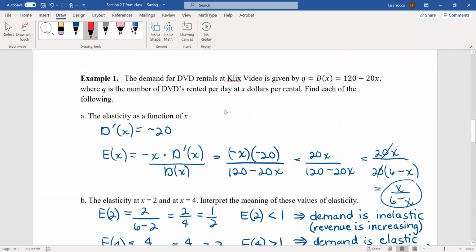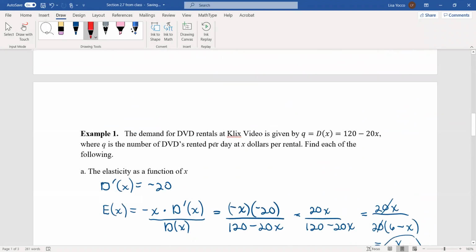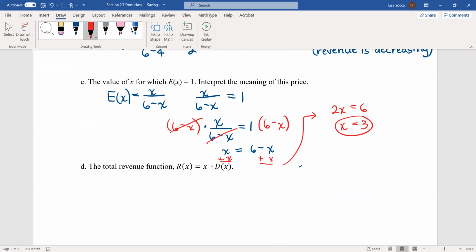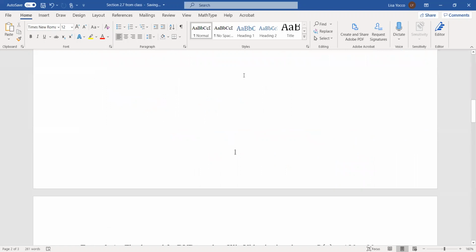All right. So go back up here. Remember, x is the price for renting a DVD. So I would say something like, when the price to rent a DVD is $3, the revenue, well, we call this unit elasticity.